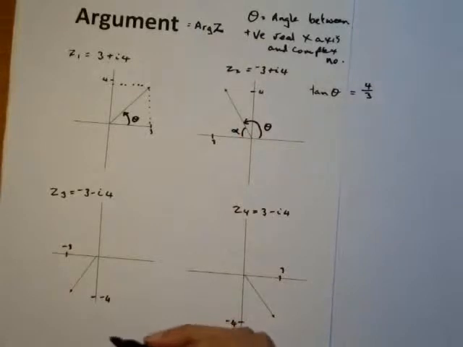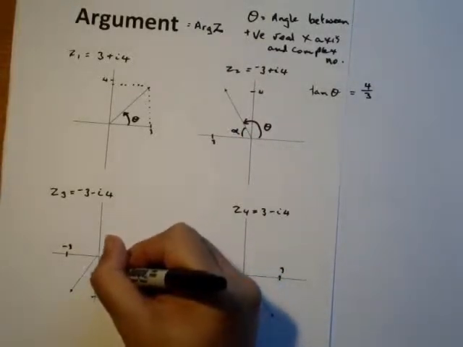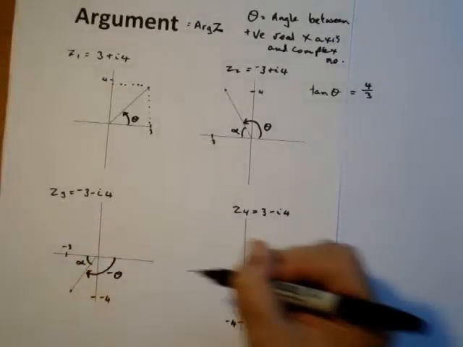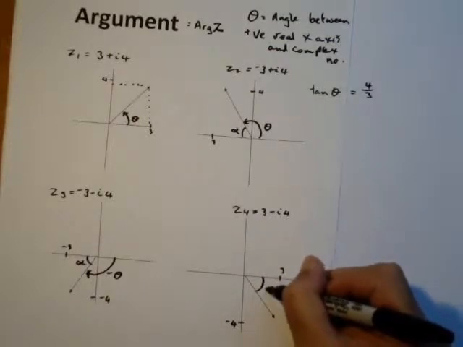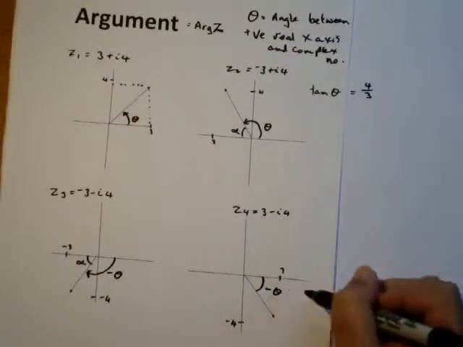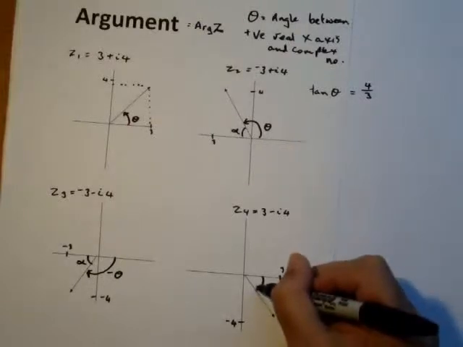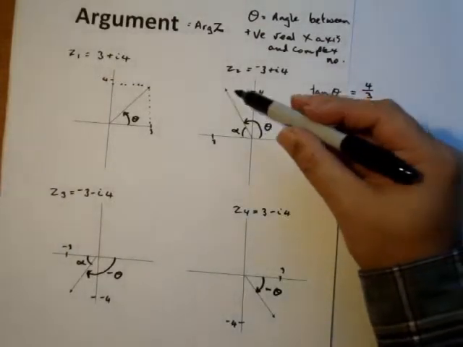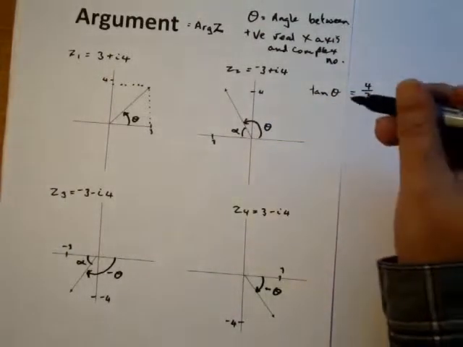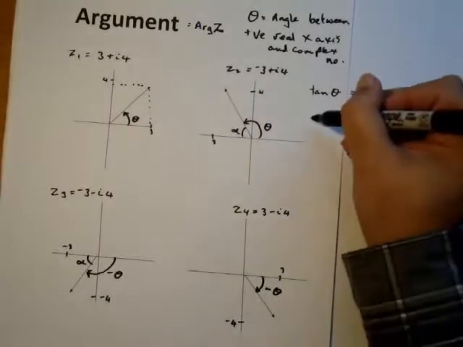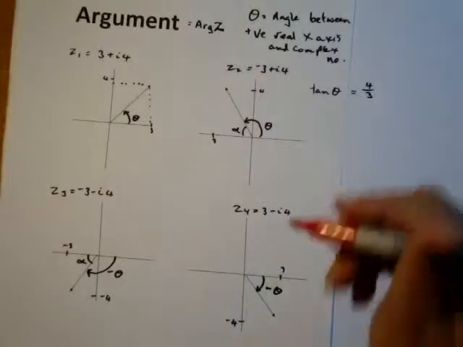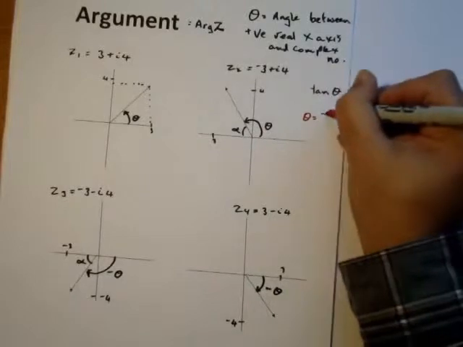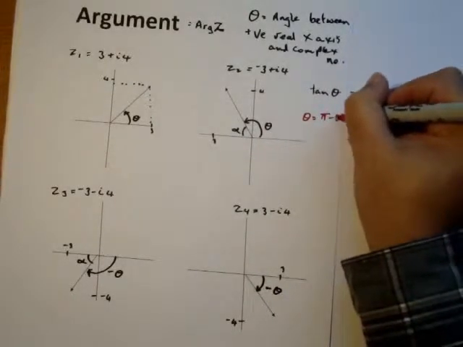In this third case, this would be minus theta, and this would be the alpha, and in this case, this would be minus theta. So the two cases we've got to be careful with are when the complex number is in the second quadrant. Here, theta would be pi minus alpha.